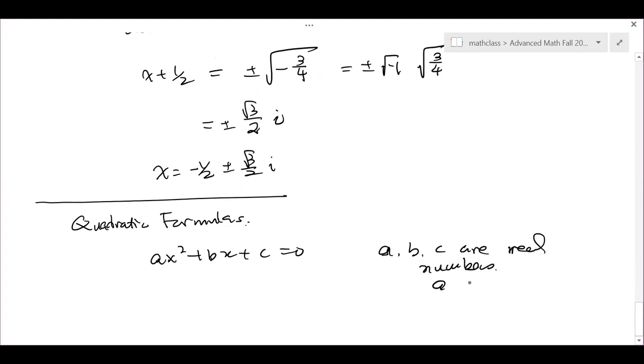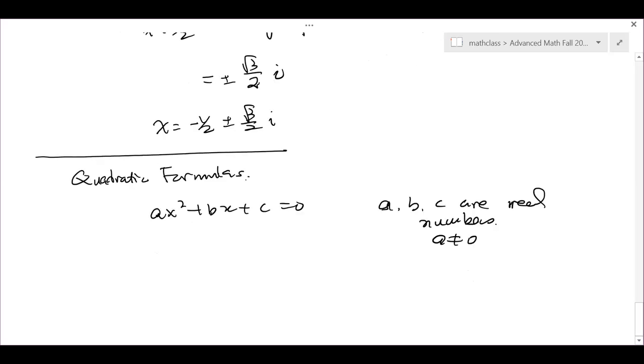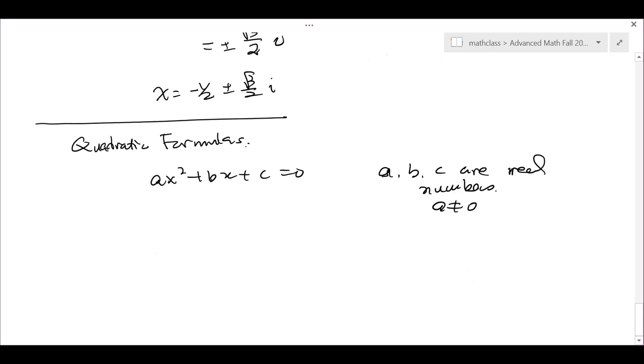And a is not going to be 0, otherwise it's not a quadratic equation. We can express the two solutions in terms of a, b, c. That's surprising. Okay, now how to get this formula? You may memorize this formula, but we can derive it here. You can repeat this by yourself. So how can I do that?